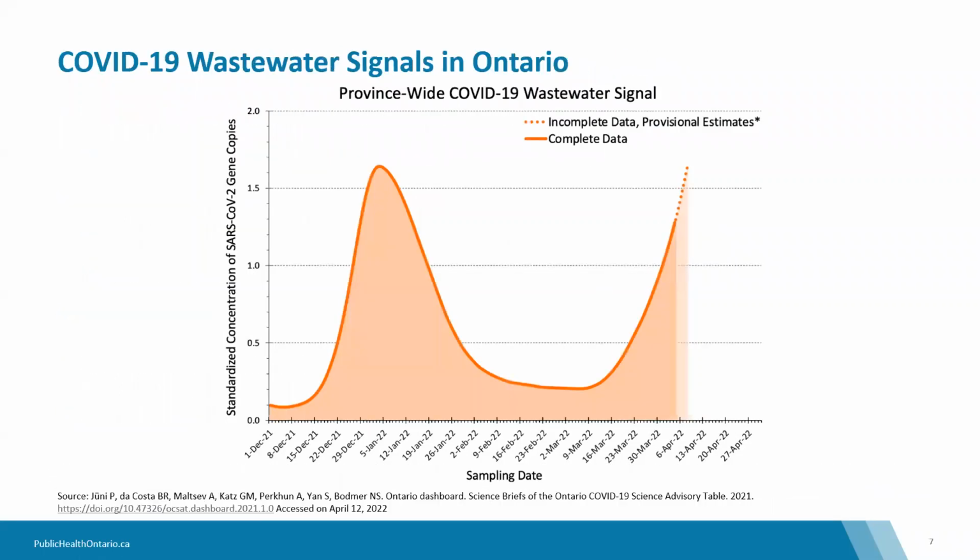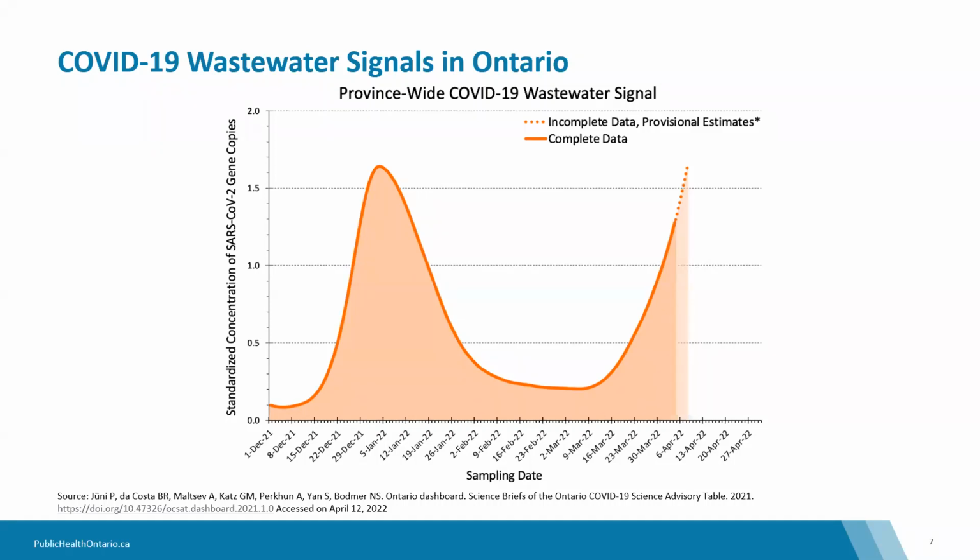And these are just quick charts that I'll go through. This is from the Ontario Science Table. It's the wastewater signal, which basically looks at gene copies of SARS-CoV-2 across about 100 wastewater treatment plants and pumping stations and sewer sheds.